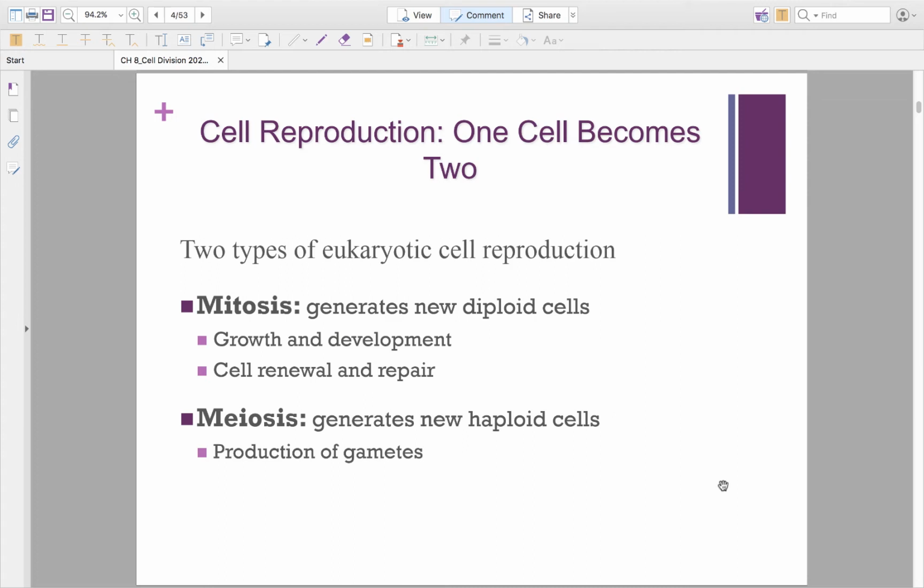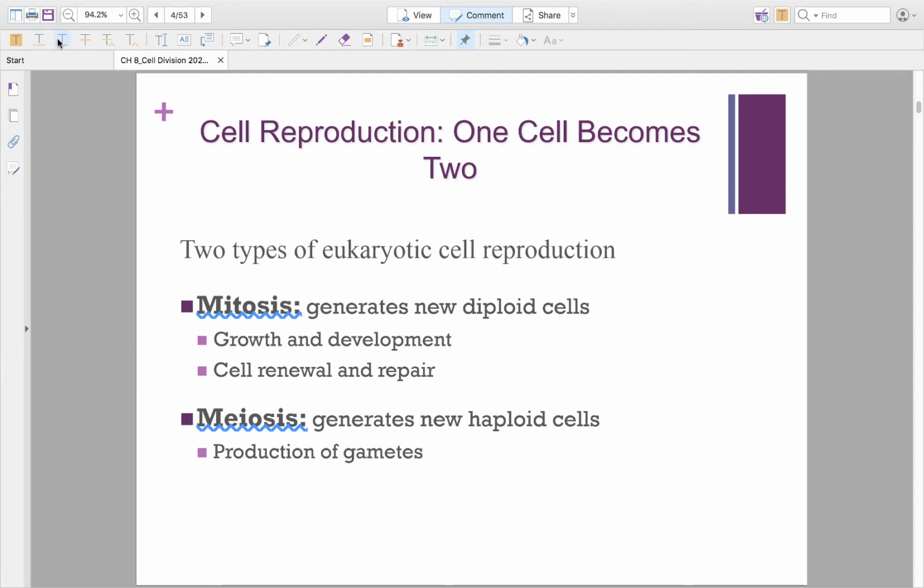Okay, so what about eukaryotes? That's how prokaryotes reproduce. What about eukaryotes? Well, this is where mitosis and meiosis comes in. So mitosis is one type of division, meiosis is the other. Now, what's the difference? There's a massive difference. So here we go.